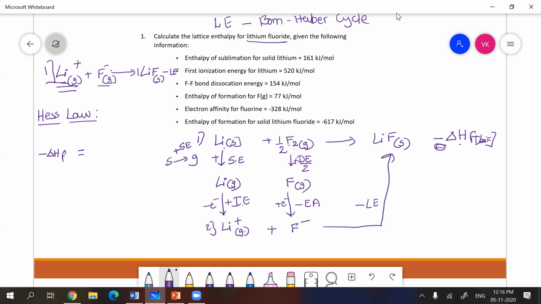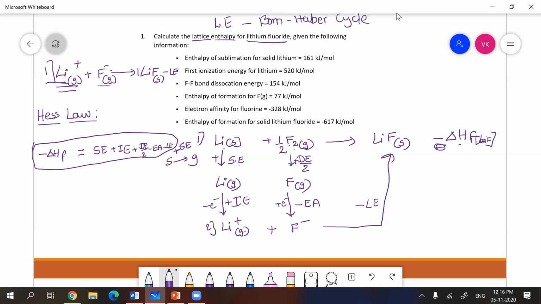Equate both. So sublimation energy plus ionization energy plus dissociation energy over 2, next, minus electron affinity minus lattice energy. So this is the equation for this reaction. We can use this equation to calculate what they're asking, lattice energy or lattice enthalpy.